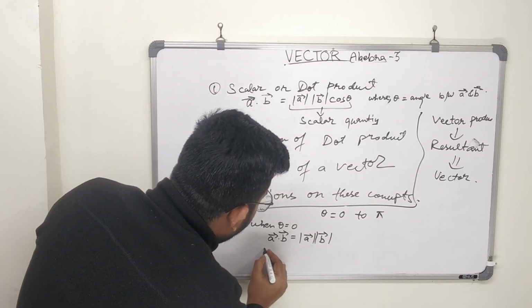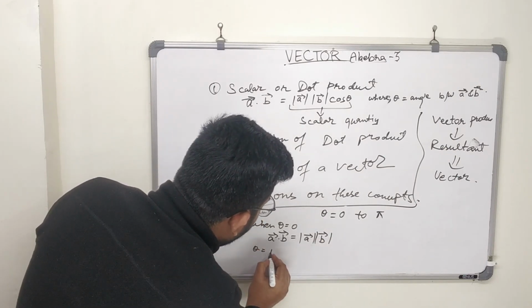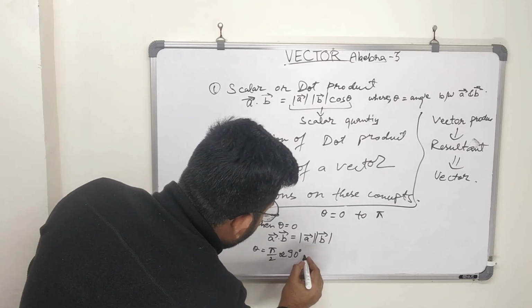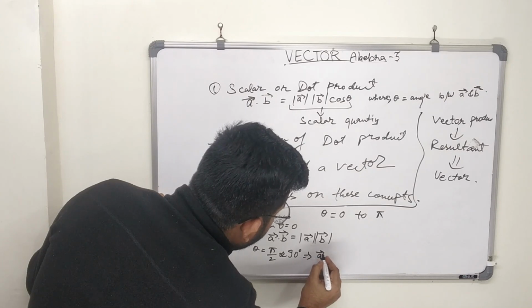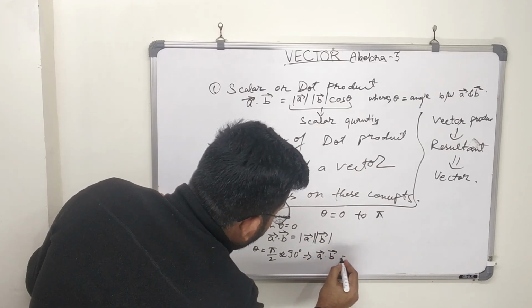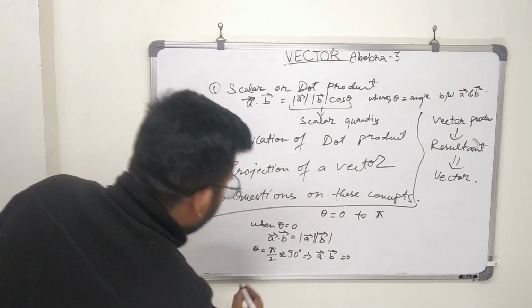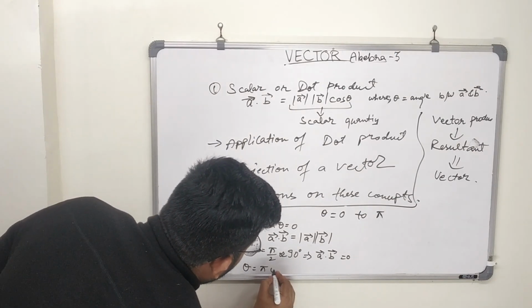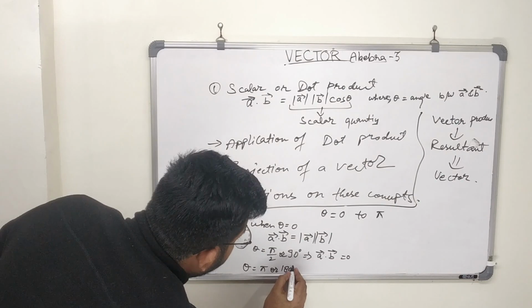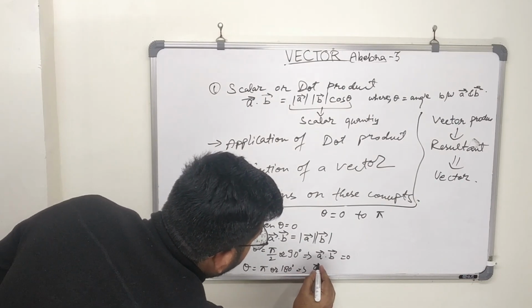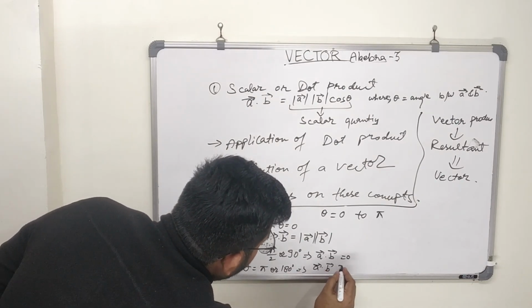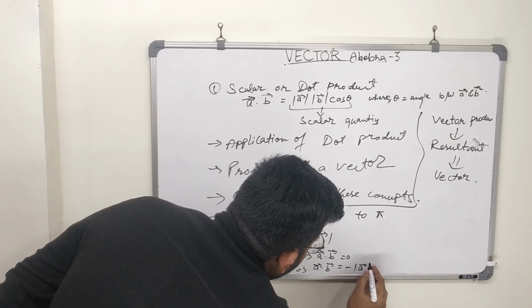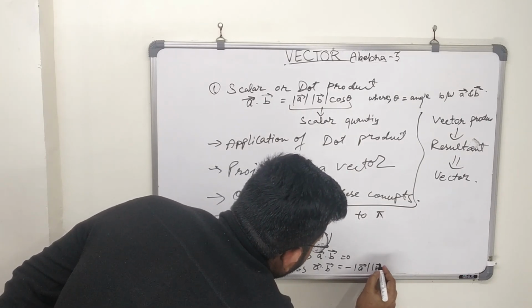And if theta is equal to pi by 2 or 90 degree, in that case A vector dot B vector is equal to 0. And when theta is equal to pi or 180 degree, in that case A vector dot B vector will be equal to minus of magnitude of A vector into magnitude of B vector.